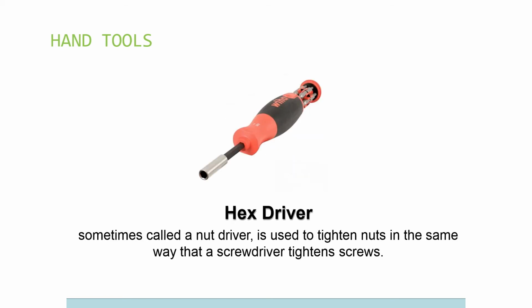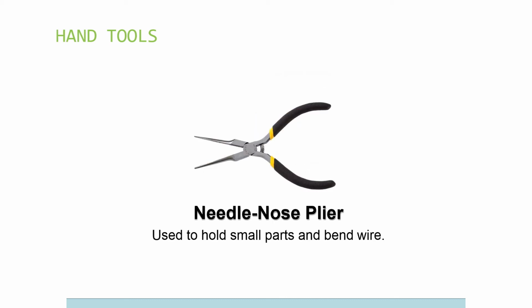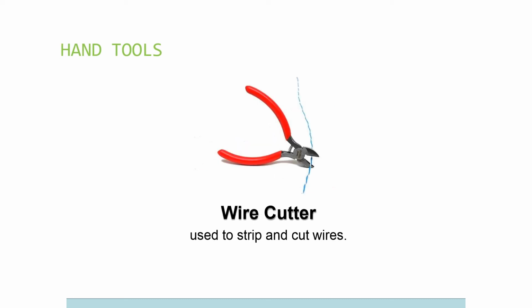Hex driver, sometimes called a nut driver, is used to tighten nuts in the same way that a screwdriver tightens screws. Needle nose plier, used to hold small parts and bend wire. Wire cutter, used to strip and cut wires.